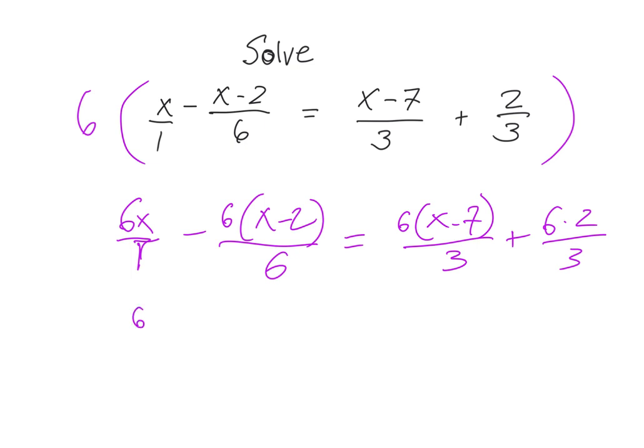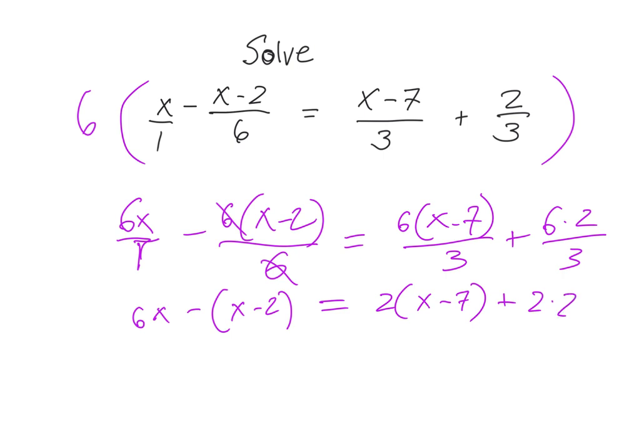This carries down, that's just 6x minus, here I'll have the negative, this 6 and that 6, since I have multiplying only on the top, I have this and this factor multiplying, the parenthesis times a 6. These can reduce, leaving me with x minus 2. On the right side, I have the 6 and the 3. They will reduce to 2, x minus 7, plus, and they're the 6 and the 3 reduced to 2 as well, so it'll be 2 times 2.